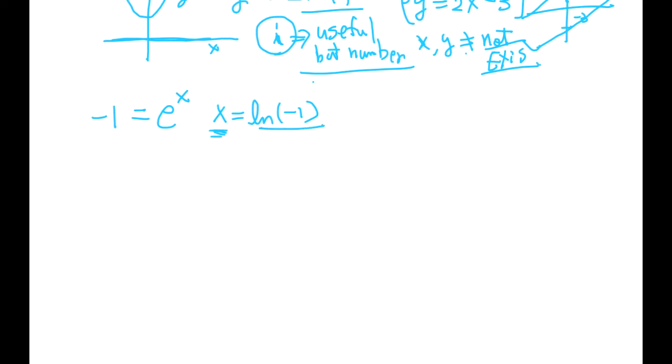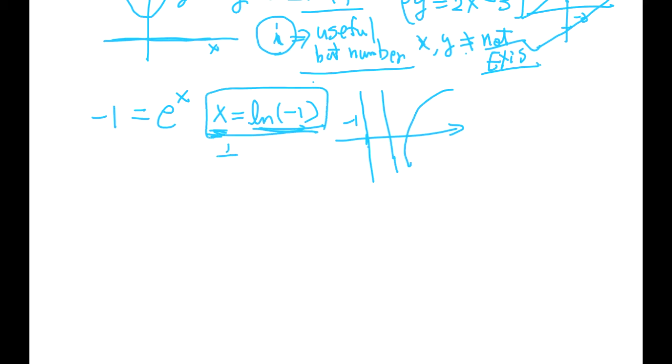What is this log of negative 1? It doesn't even intersect with negative 1 because the log function is all on the positive side, and you're asking to find the intersecting point of this. They don't. So this is another number like 1 over 0 or square root of minus 1. It's not a number. It doesn't exist.